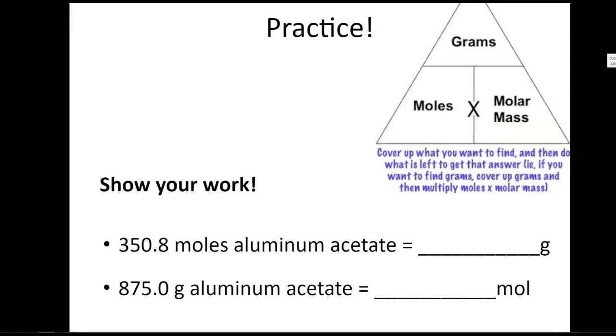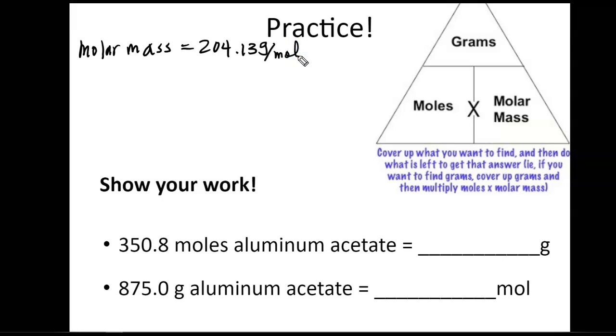All right, so what if we have to do the calculation now for if I have moles, how do I find grams? And if I have grams, how do I find moles? So let's remind you that we just calculated molar mass of aluminum acetate as 204.13 grams per mole.